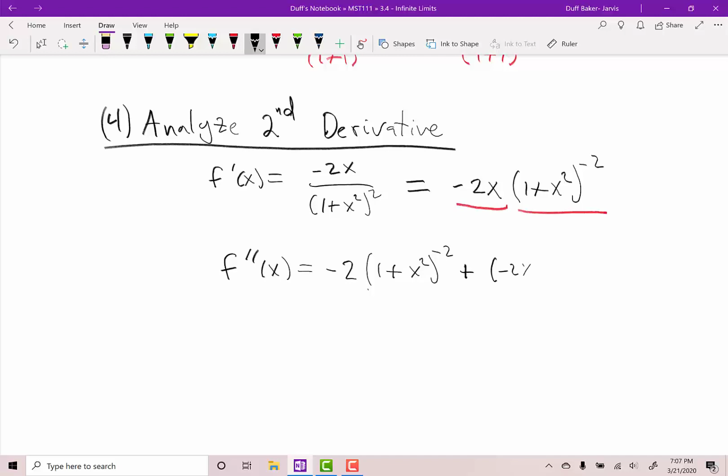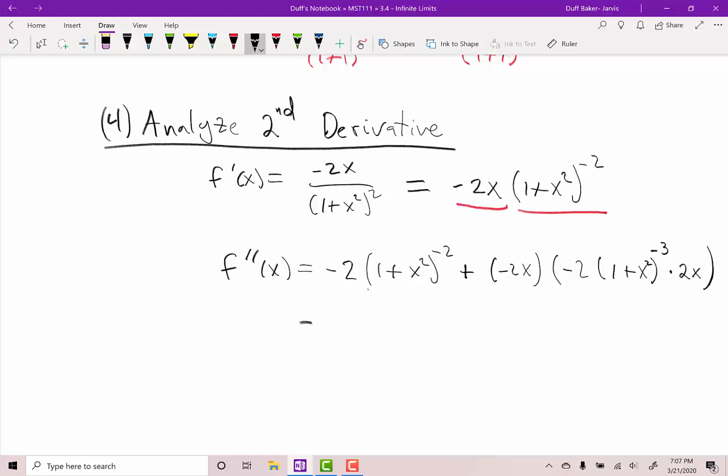So then we have minus 2x times the derivative of this, which is minus 2 times (1 plus x squared) to the minus 3 now. It goes down by 1. Times the derivative of the inside, which is 2x.